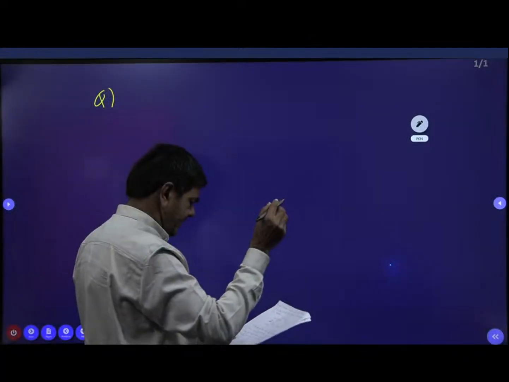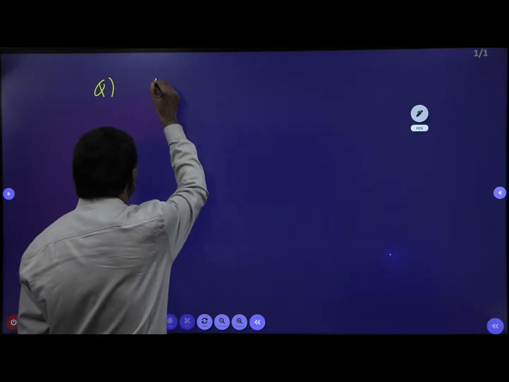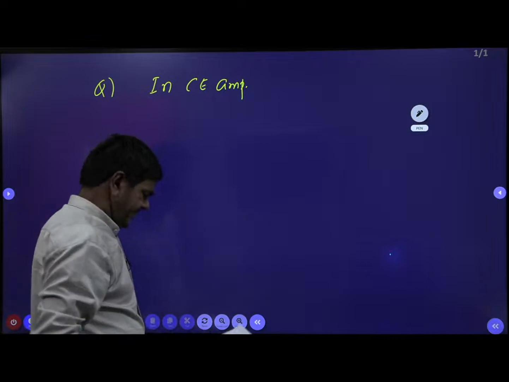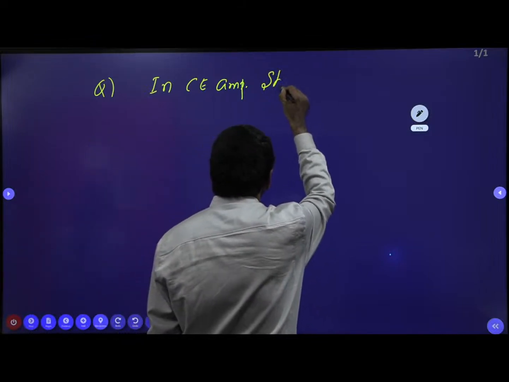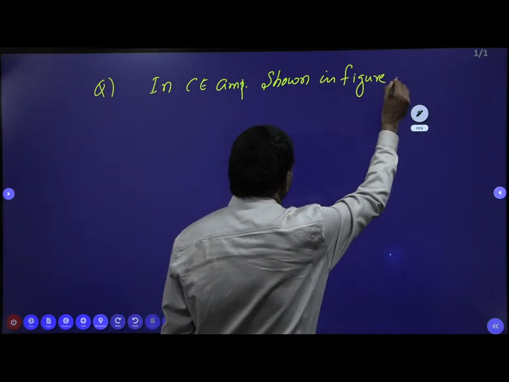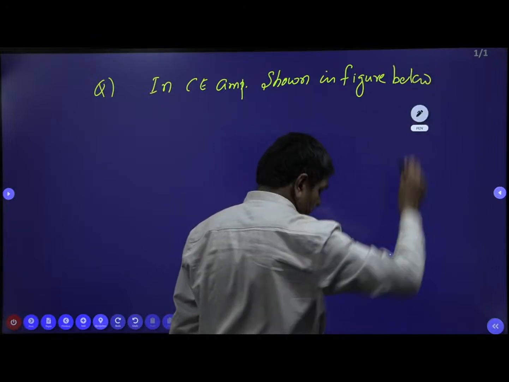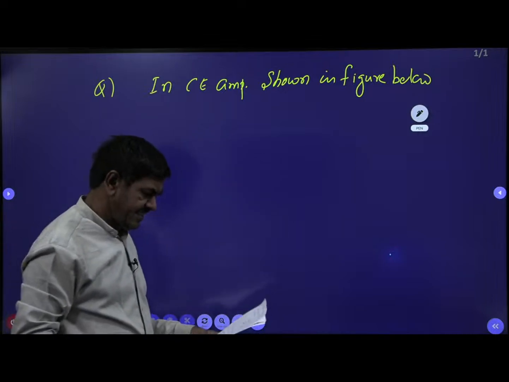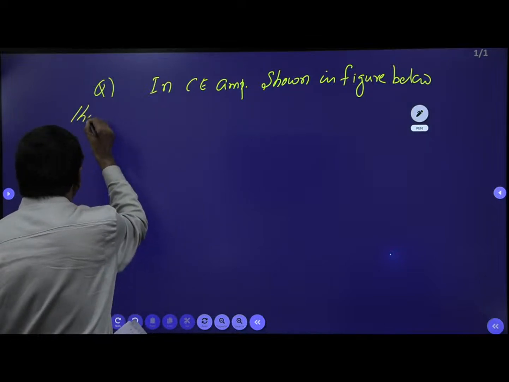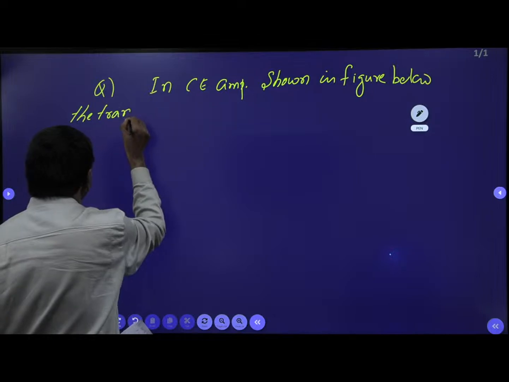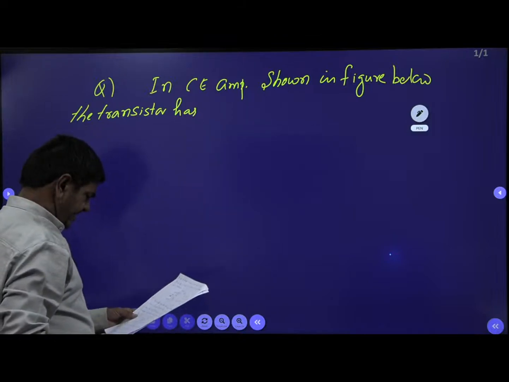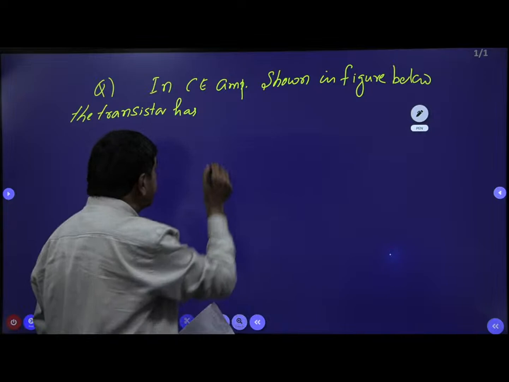In the common emitter amplifier shown in the figure below, the transistor has a forward current gain beta equal to 100.